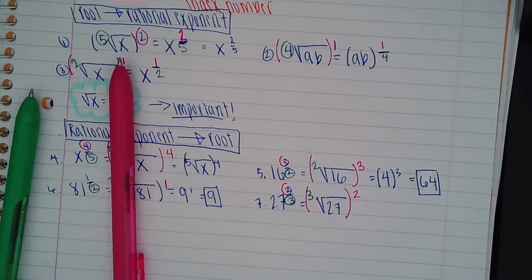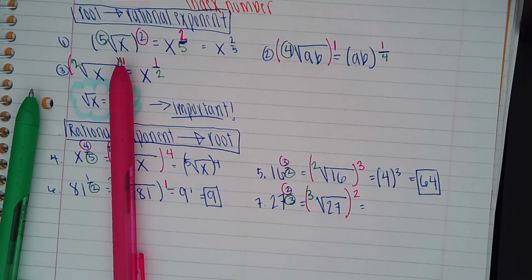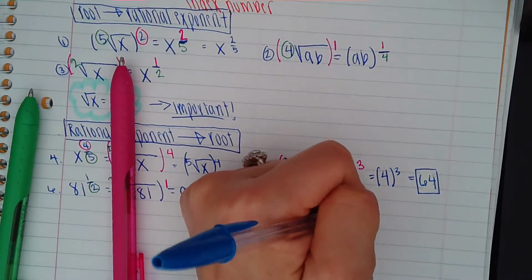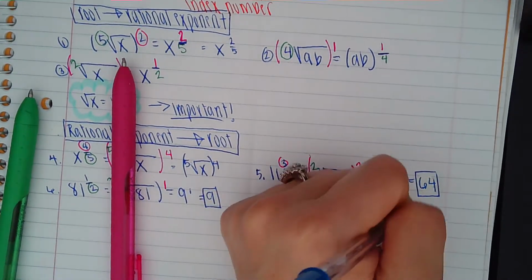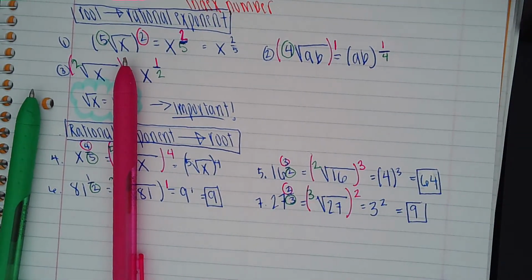What we're raising it to. So we are going to take the cube root of 27. And if you can't remember your cube roots, just go ahead and grab that sheet that we did a couple notes back. And that has your cube roots on it. So the cube root of 27 is 3. And we have to raise it to the second power, right? So we would get 9. That would be our answer.